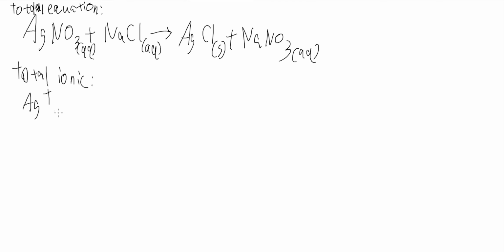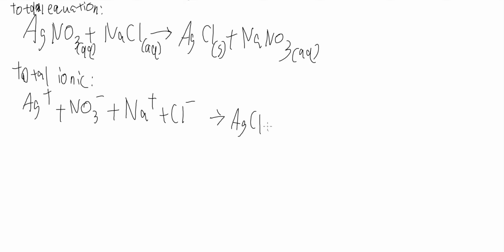So we have silver plus, along with nitrate, NO3 minus, plus sodium plus, chloride minus, turns into silver chloride, which since it can't be dissolved, we can count as just one unit, and sodium plus and nitrate minus. And then we can cancel.